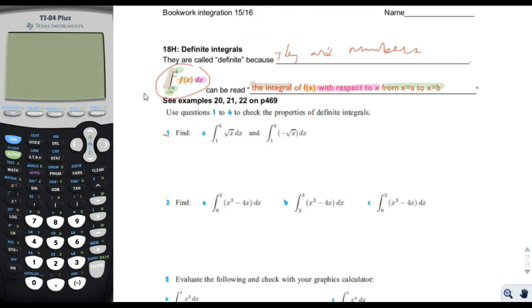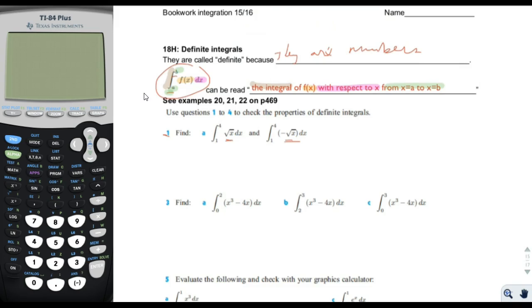Okay, so let's see. First, they're giving us 2 similar integrals, and then you're going to discover what the difference is. Here you have the function x, and here you have the negative of the function x, and you're going to see what you get as a result that's different.